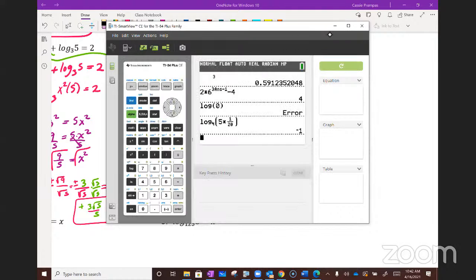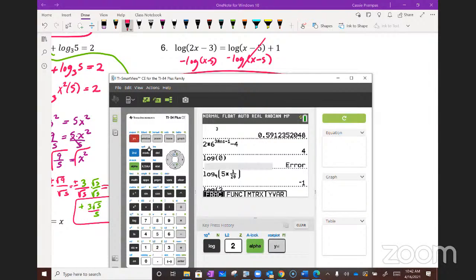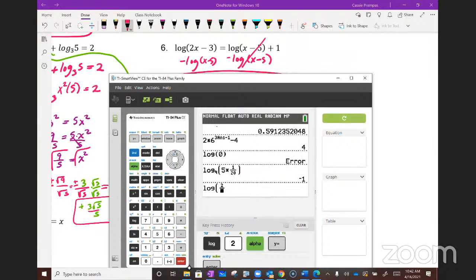All right, so I've got log of, and the nice thing is when there's no base, guys, the base is 10, you can just press the log button. That's right to the left of the number 7. So I have log times 2 times alpha y equals, what was my answer? 47 over 8, sorry.